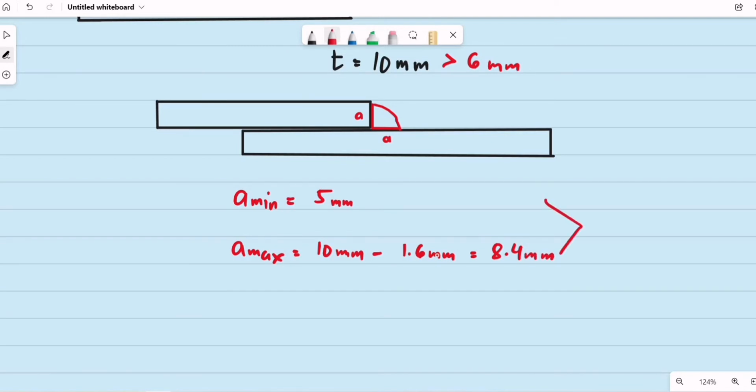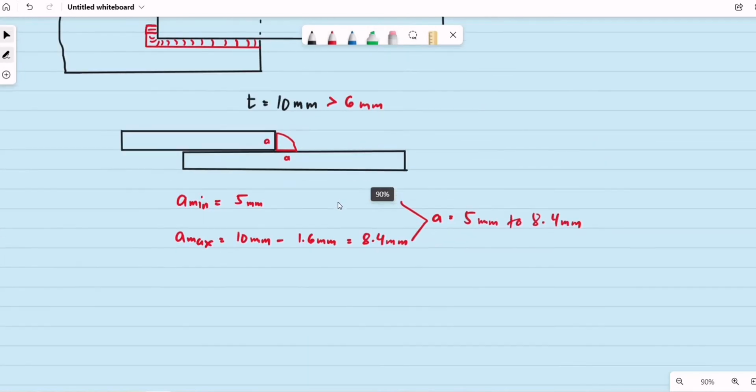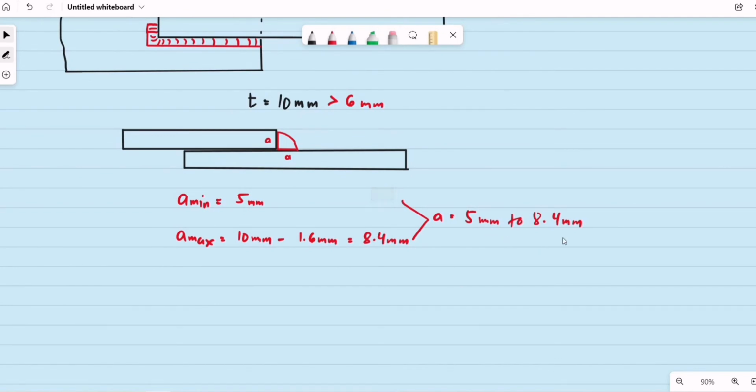So the possible value of the leg of the fillet weld is from 5 mm to 8.4 millimeters.